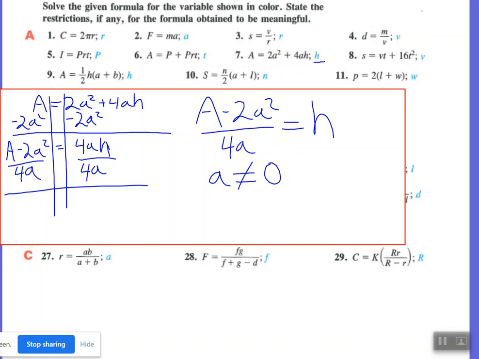And so we're using train tracks to rewrite the equation so that we can solve for the thing that we don't know. So that's all this is. We're just rewriting the equation into an equivalent form so that we can solve for that unknown.